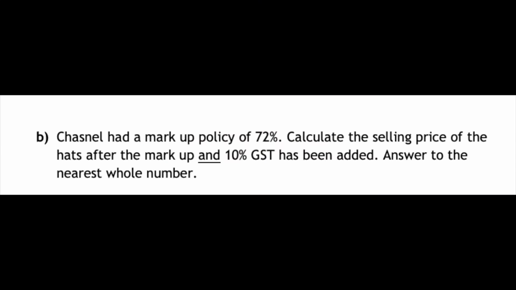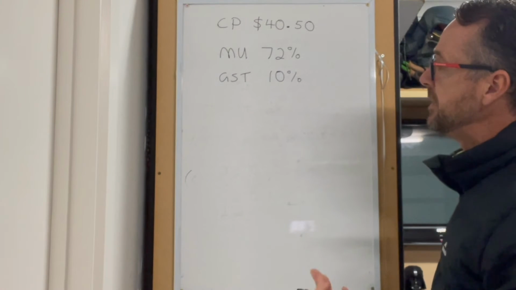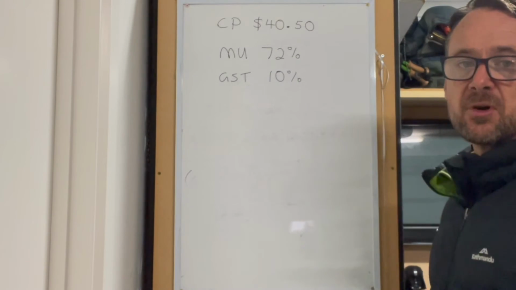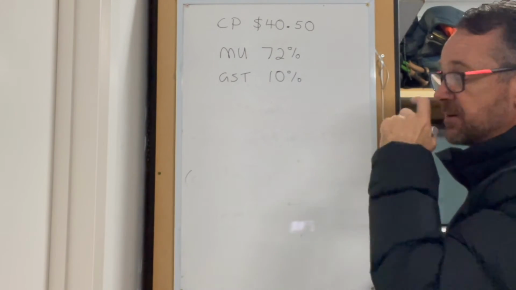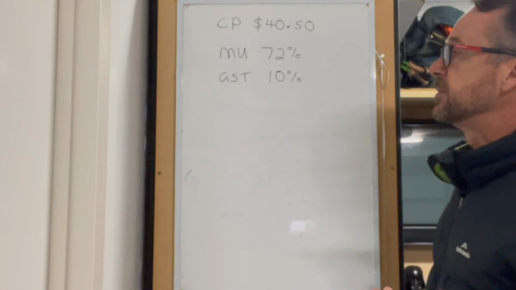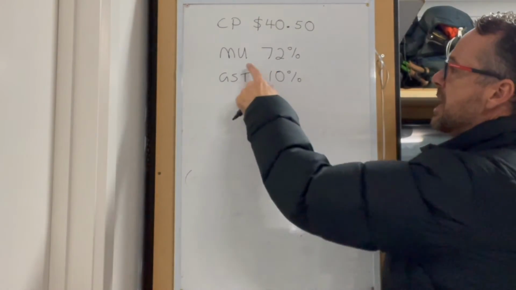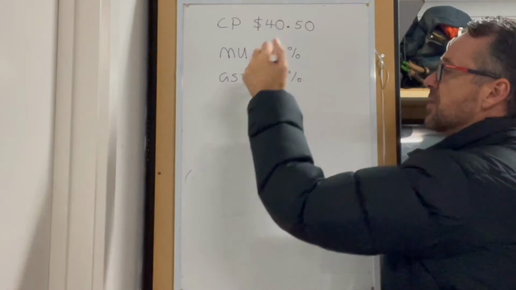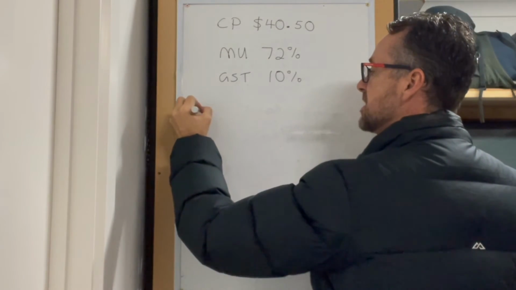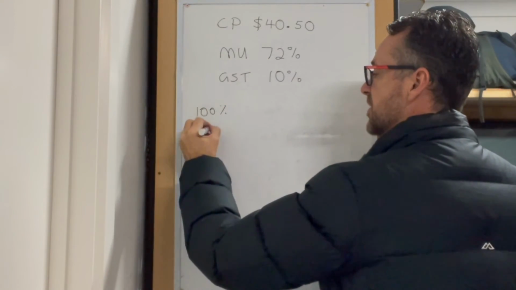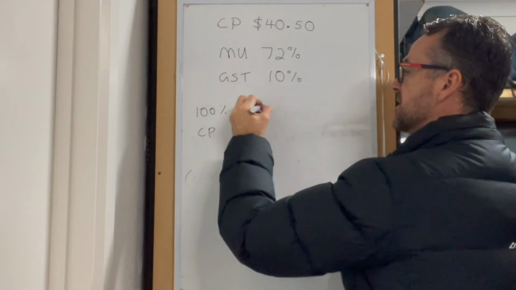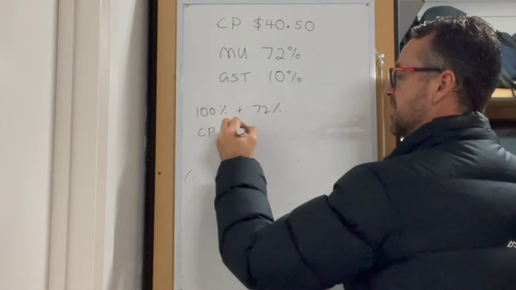Okay, here we look at the idea of taking a cost price and we're going to turn it into a selling price. And that selling price has to include two additional amounts, and that is the markup, which is how much profit the seller will make, including the government GST on top of that as well. So the markup will be of this cost price. So it's 100% is the cost price, and we're going to add on the 72%, which is the markup.